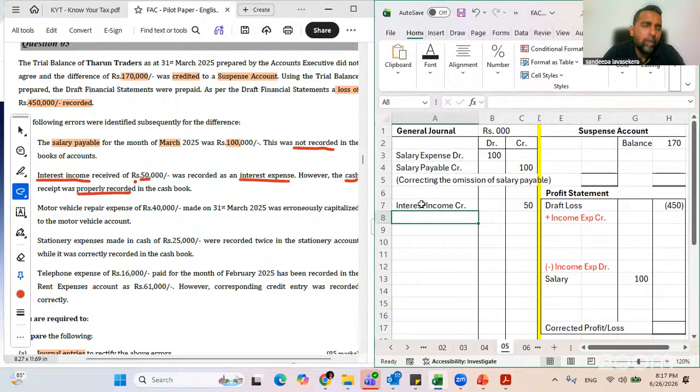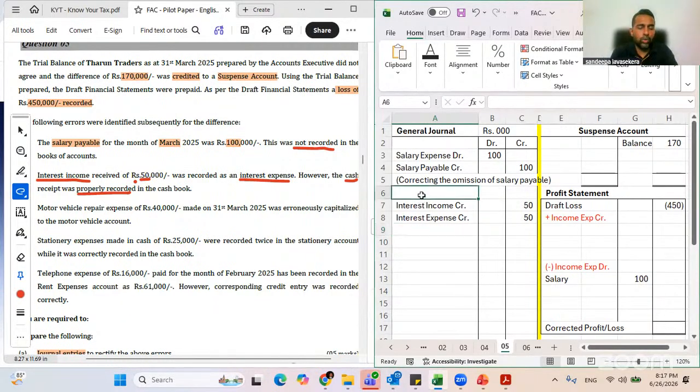They have debited interest expense 50. So we have to remove that as well. Interest expense, we have to remove, credit 50. So originally it's an interest income that you have to credit. By error, they have put that as an interest expense. So that even we have to remove. There's nothing wrong in any other entry. There's nothing wrong in the cash or anything.